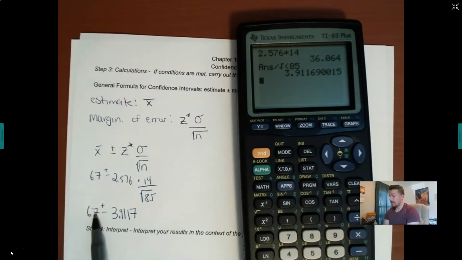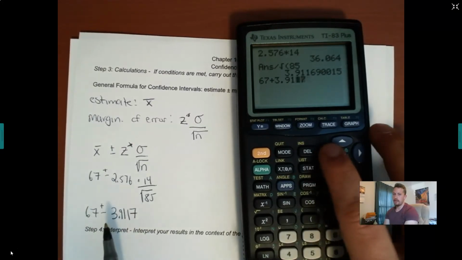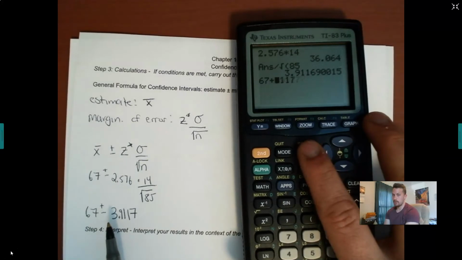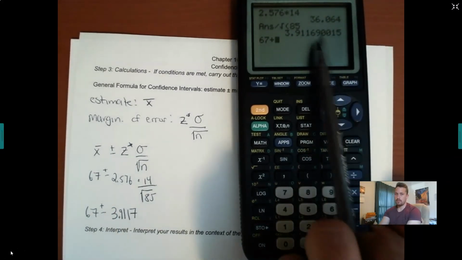So now we have to add to our estimate. So 67 plus 3.9117. Now, for the sake of writing it, I rounded. If you want to be super exact, like we've been doing, you can do 67 plus previous answer.